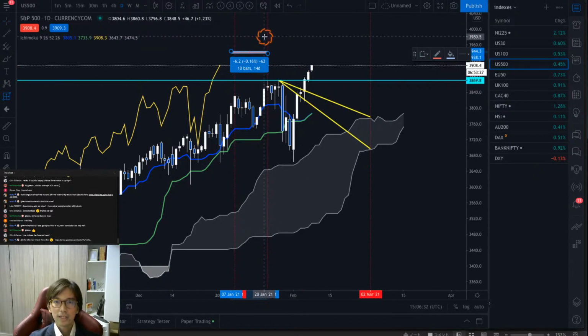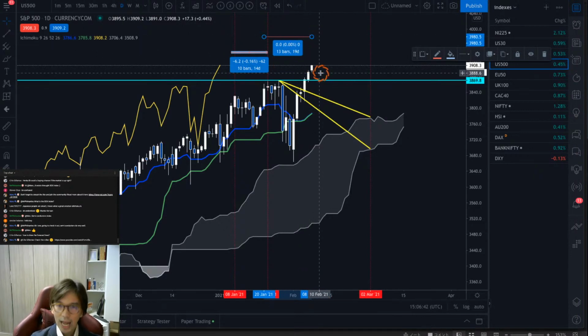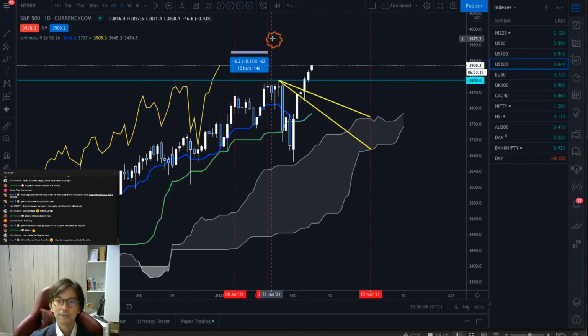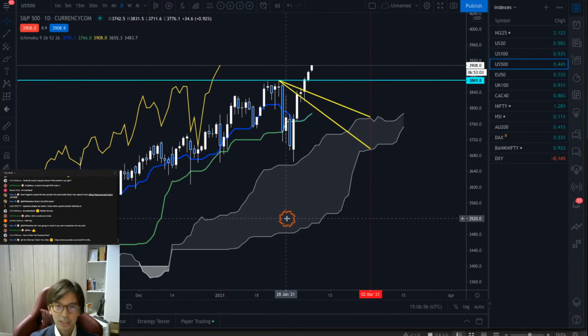And now I think it's more than 10 bars. Yeah, looks like there are 13 bars to this current candle. So the highs are also not in the time cycle in this case. So looks like on this S&P 500, the daily chart does not really respect the time cycle. So simply I don't use it.